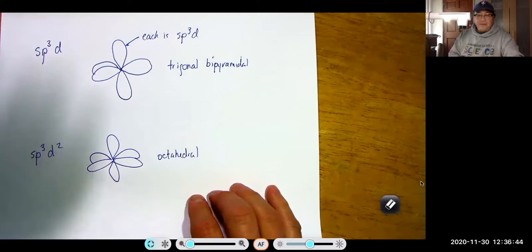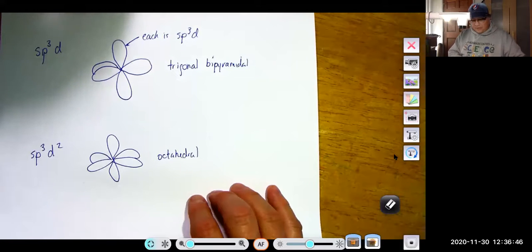The other thing that we're going to look at with this valence bond theory, and then we're going to go on to MO theory, is this.